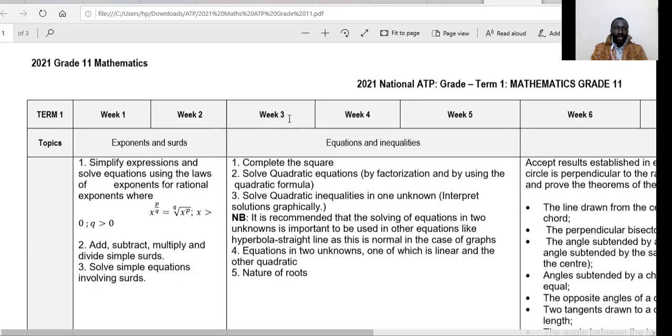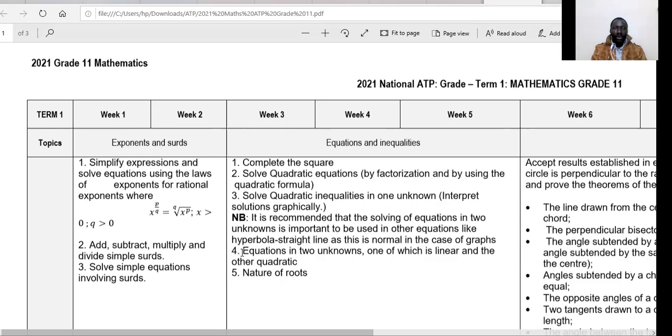Then in the third week, we begin a new topic of equations and inequalities. Now, equations and inequalities cover 3 weeks, week 3, week 4, week 5. Under equations and inequalities, we study completing the square, solving quadratic equations by factorization and using the formula, then also solving quadratic inequalities in one unknown, then later interpreting the solutions.